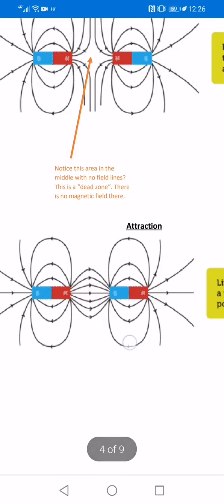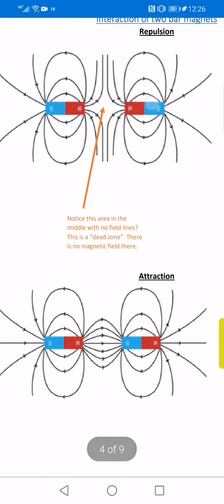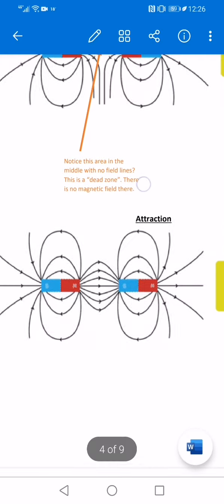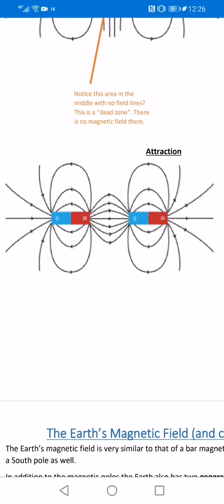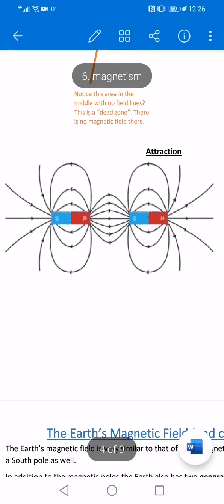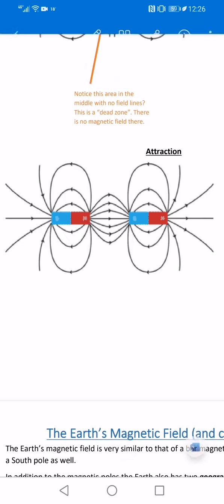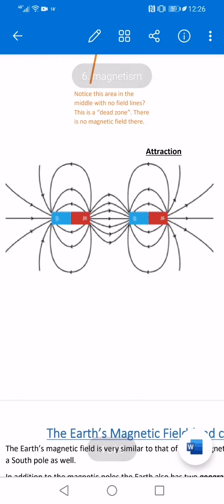Then if we look at attractive forces, so if I were to take this magnet and flip it around so that I've got the South Pole facing the North Pole of that one, then again very similar, but now instead of these magnetic field lines coming out of that north and going around and coming in its own south, it'll rather go from this north to that one south because it's closer.